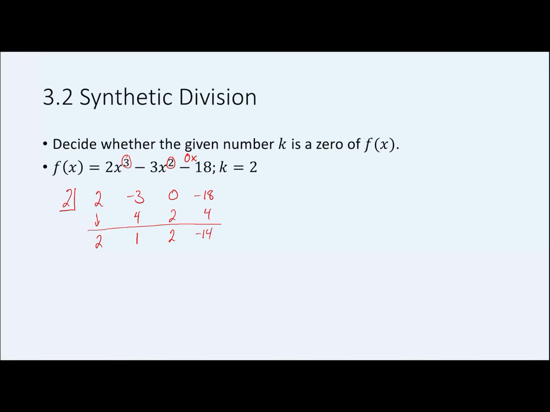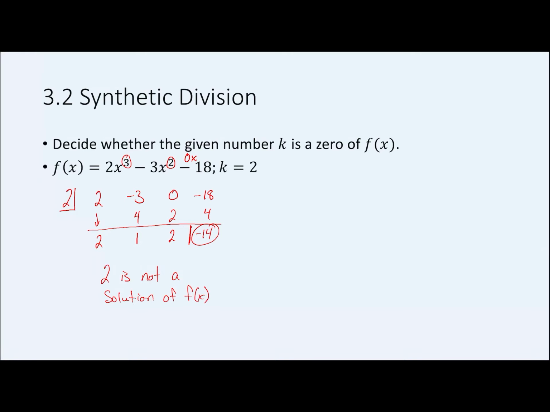Okay. And so we'll go through our synthetic division. Again, bring down the 2. And then 2 times 2 is 4. Negative 3 plus 4 is 1. 1 times 2 is 2. 0 plus 2 is 2. 2 times 2 is 4.